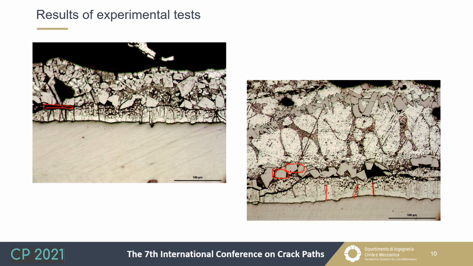In this case it is evident here: a sort of delamination between the delta phase and the tau layer. And sometimes we have intergranular crack propagation in the tau phase.